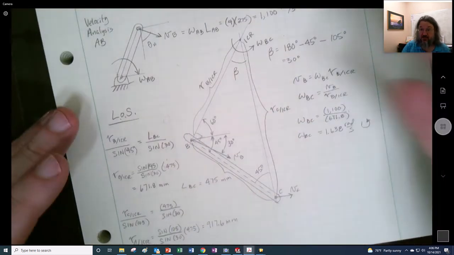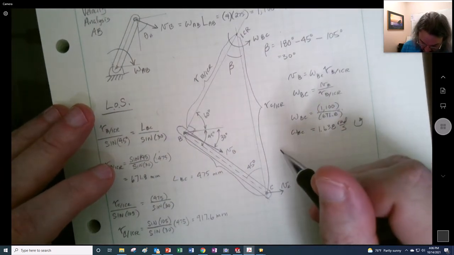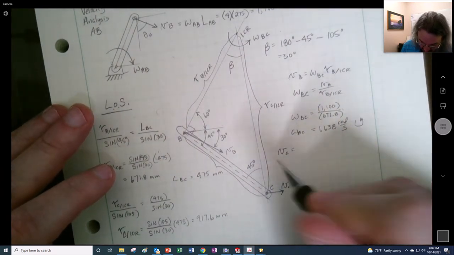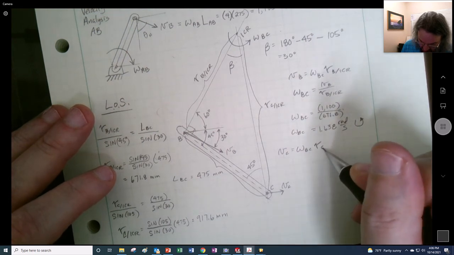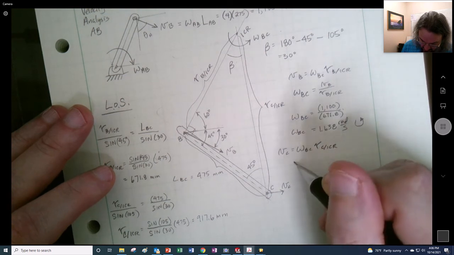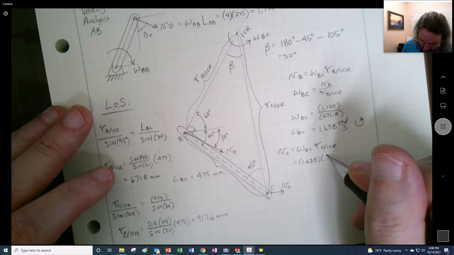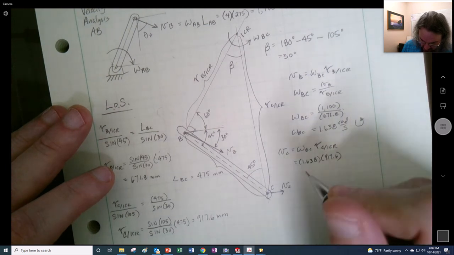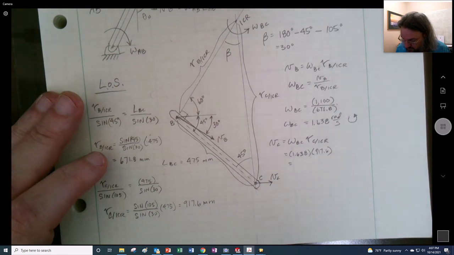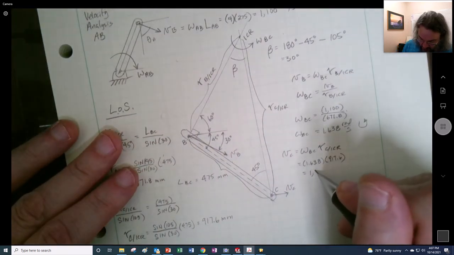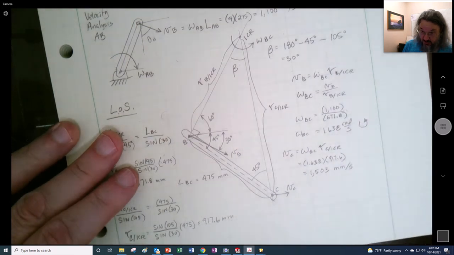But this seemed a lot harder, right, on one level because of the geometry. But here we can get the velocity of C. Once we know this, it's not too bad, but we want the R of C with respect to ICR, or 1.638 times our 917.6. And we get 1,503 millimeters per second.